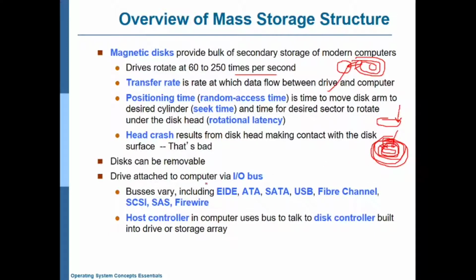The drive is attached to the computer via a bus. You have usually seen in the lab how the bus looks. Buses vary, including EIDE, ATA, SATA, USB, Fibre Channel, SCSI, SAS, and FireWire.